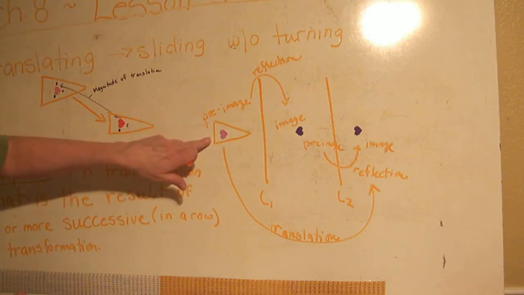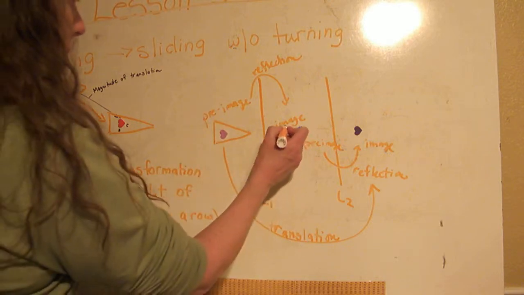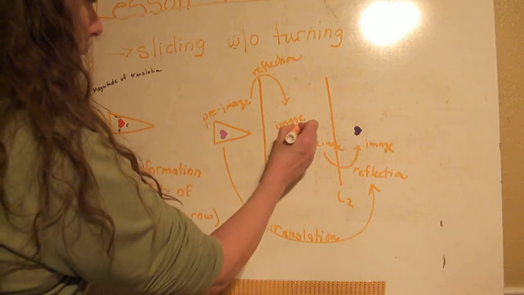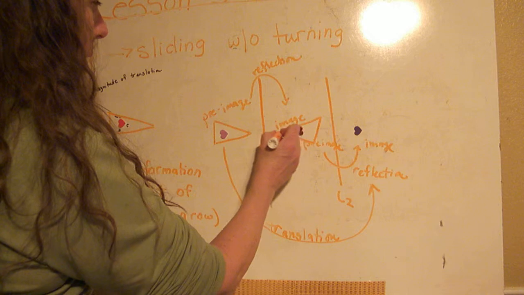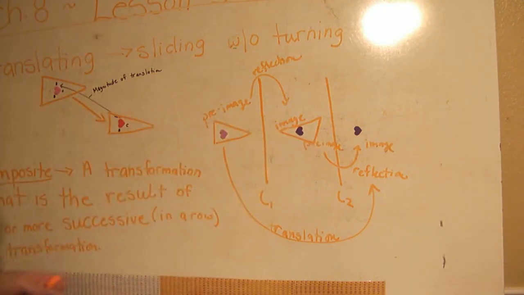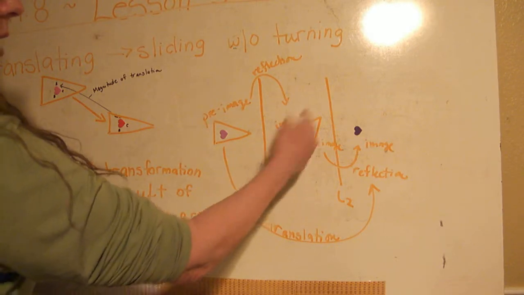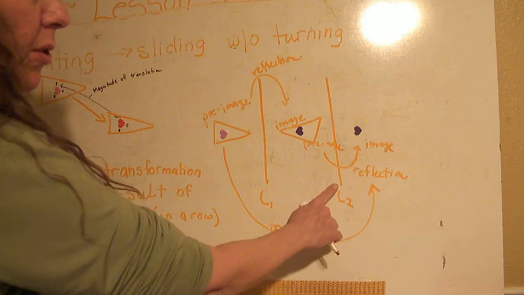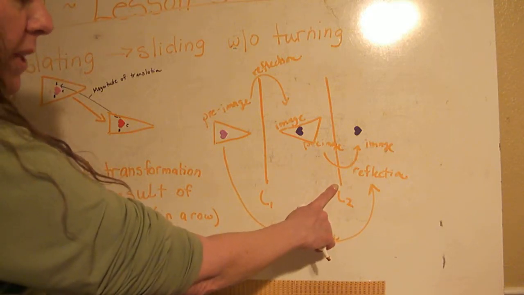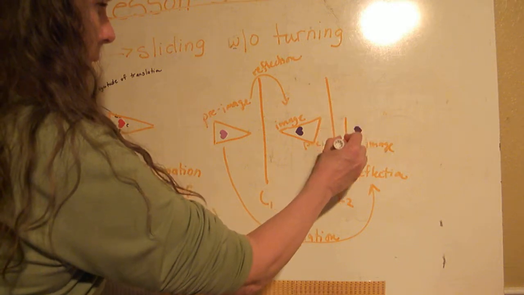You have a pre-image here, and if it goes through a parallel line of reflection, it's going to be like that. So it's going to be a reflected image. But then if you reflect this image through another reflection line, it's going to be back to how the original was.